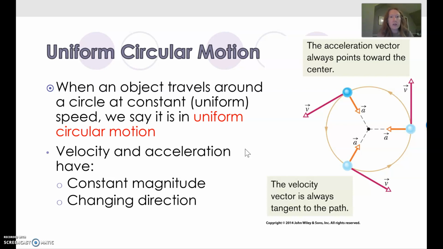There's also a video that you can watch. It's posted on my DSHA that has a slightly different mathematical proof of why the acceleration vector points toward the center. So you can watch that if you're interested in that, but you won't be tested on why that is. You'll just be expected to know that that's true.